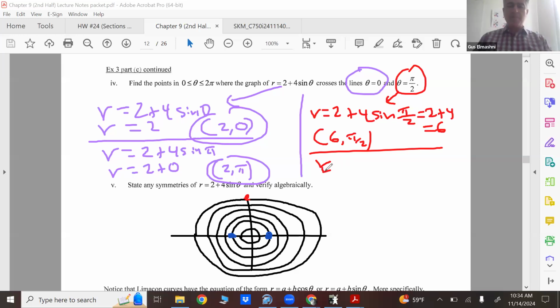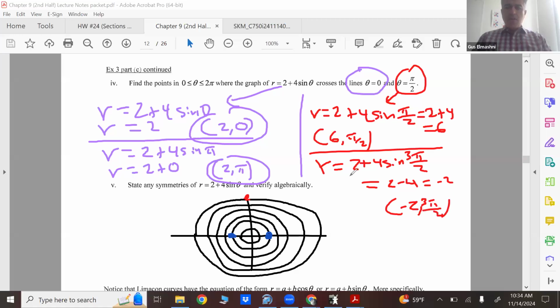So that R, so 2 minus 4, it's -2. So 3 pi over 2 is like negative y-axis, but because it's -2, it's got to flip.